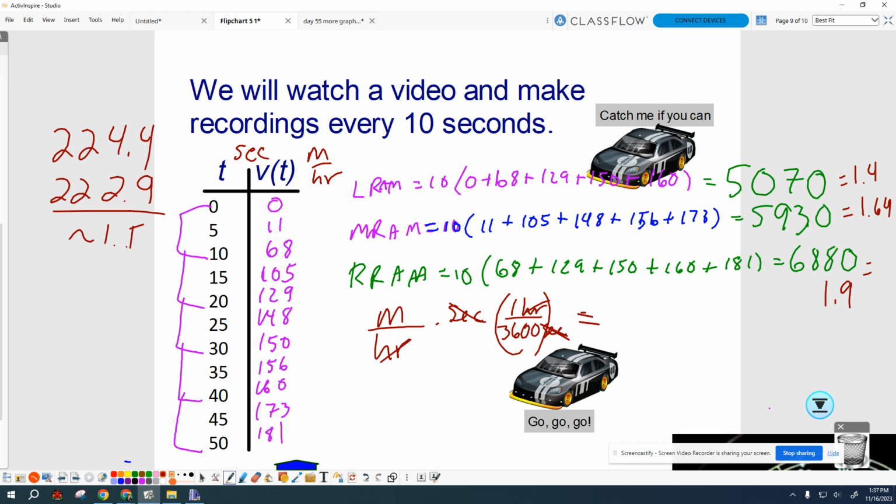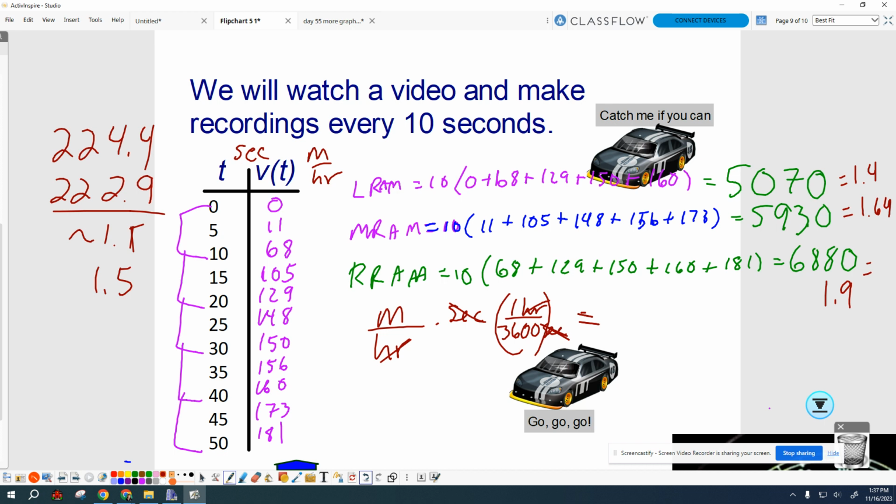Goodness, the board is crazy today. It's about to die. But by this odometer, it went about 1.5 miles. So the area of the curve that you guys calculated, MRAM was closest. It's not always, but it's to show you, we added up rectangles of the velocity, did some over approximating, some under approximating, depending on which rectangle you were.